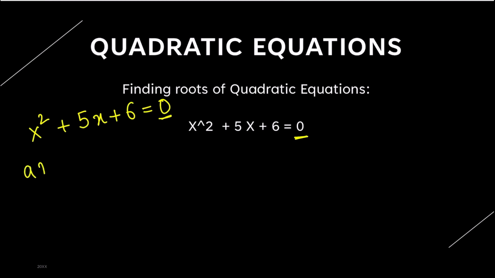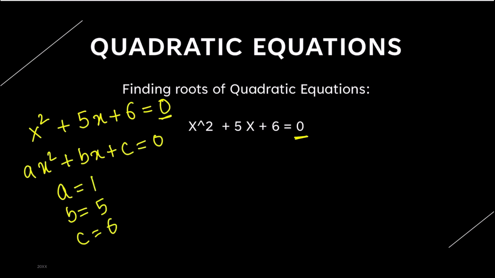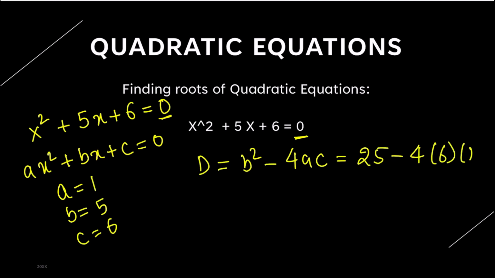Then compare it with ax square plus bx plus c is equal to 0. So the value of a is 1, b is 5 and c is 6. Now, discriminant is b square minus 4ac. b square is 25 minus 4 into 6 into 1, that is 25 minus 24, which is 1.